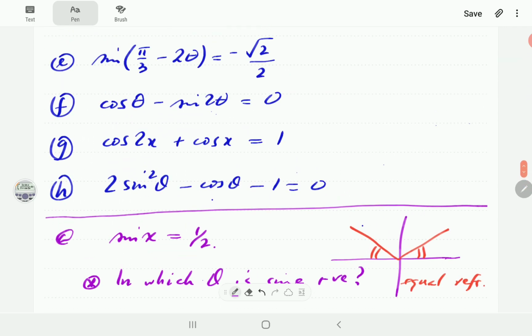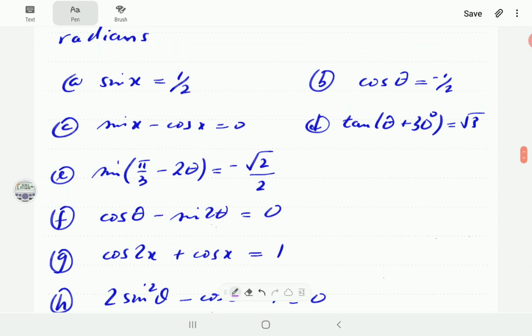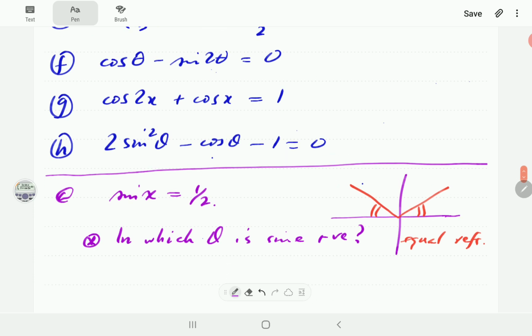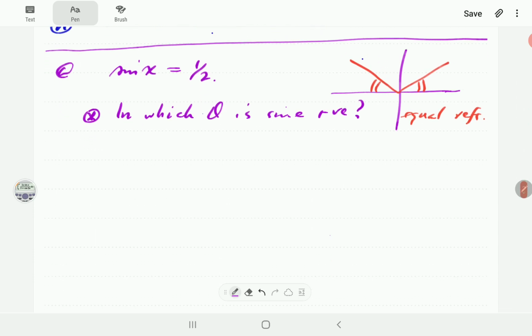for this one. So for instance, in part B, we're going to ask the question, in which quadrant is cosine negative here, in which quadrant is tangent positive, in which quadrant is sine negative, etc. Then after that, we need to make x the subject of the formula here.